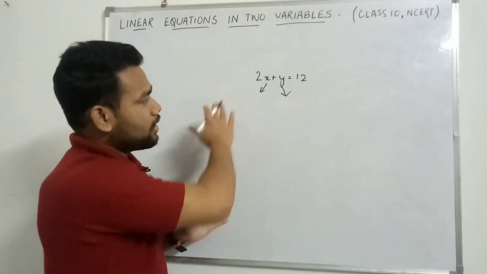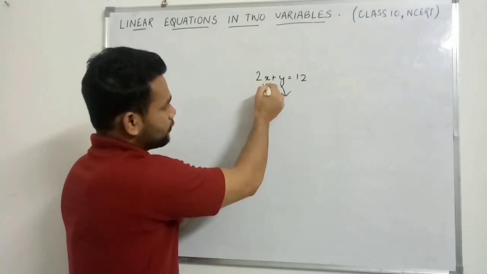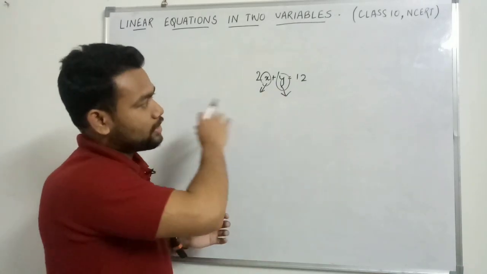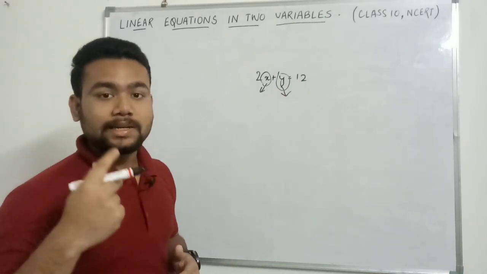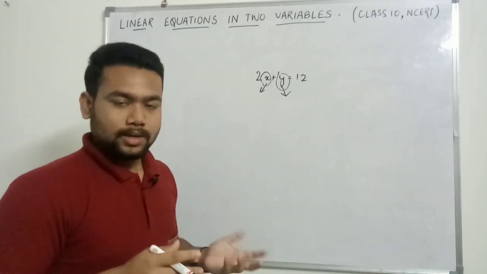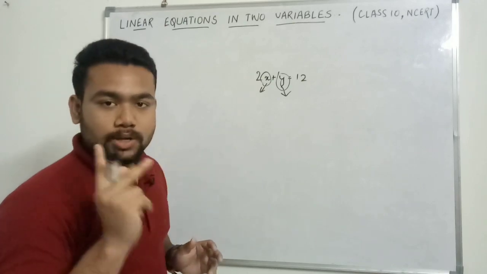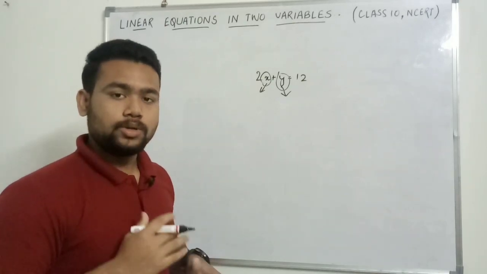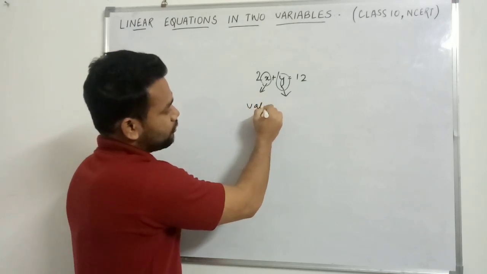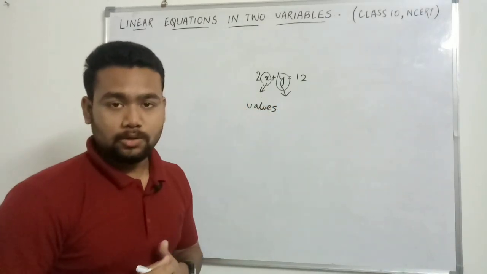Any equation involving two variables. In this chapter we'll be dealing with equations which include two variables x and y, or p and y. It can be of any form, but it will be of two variables, and we just need to find out their respective values, x and y.